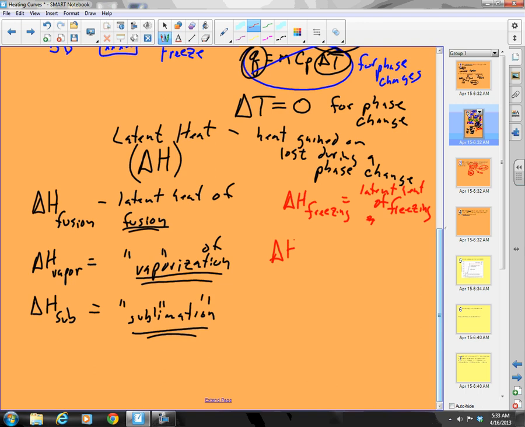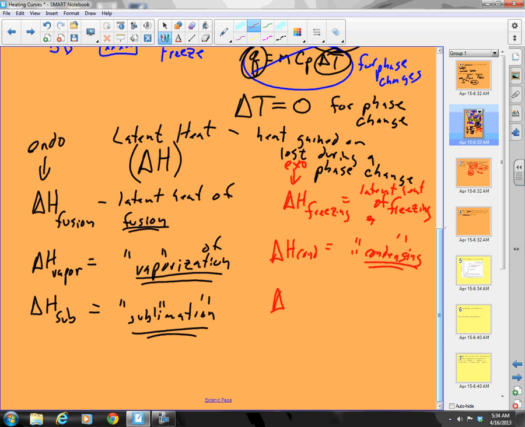I would have the delta H of condensation, which is equal to the latent heat of condensation, and that is the amount of heat released when something condenses. Remember, these guys over here are going to be released because they're exothermic. These guys over here are going to be energy absorbed because they're all endothermic.